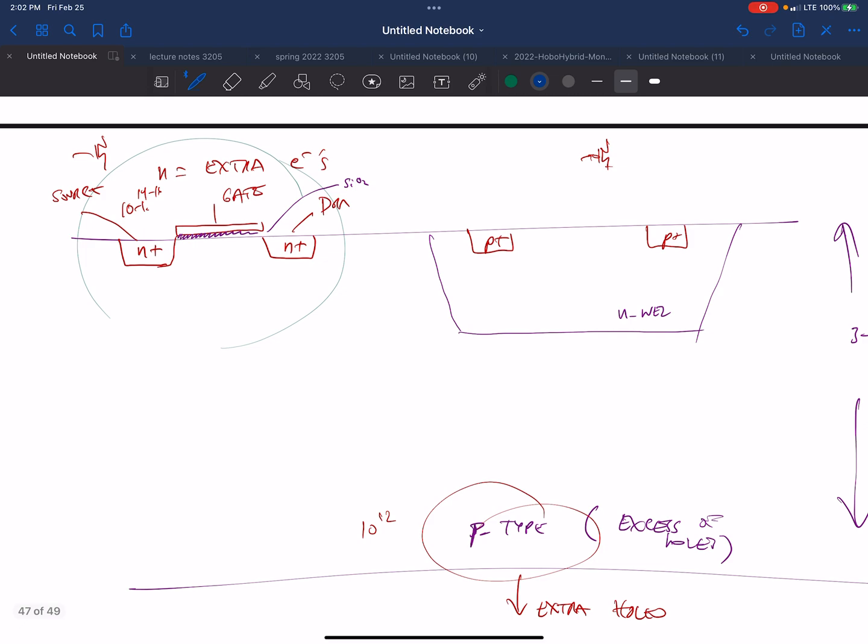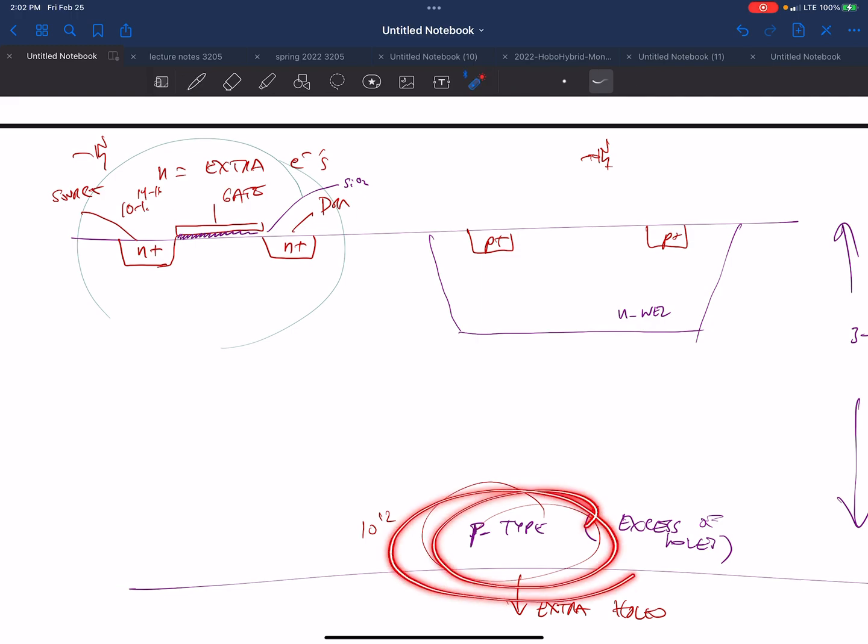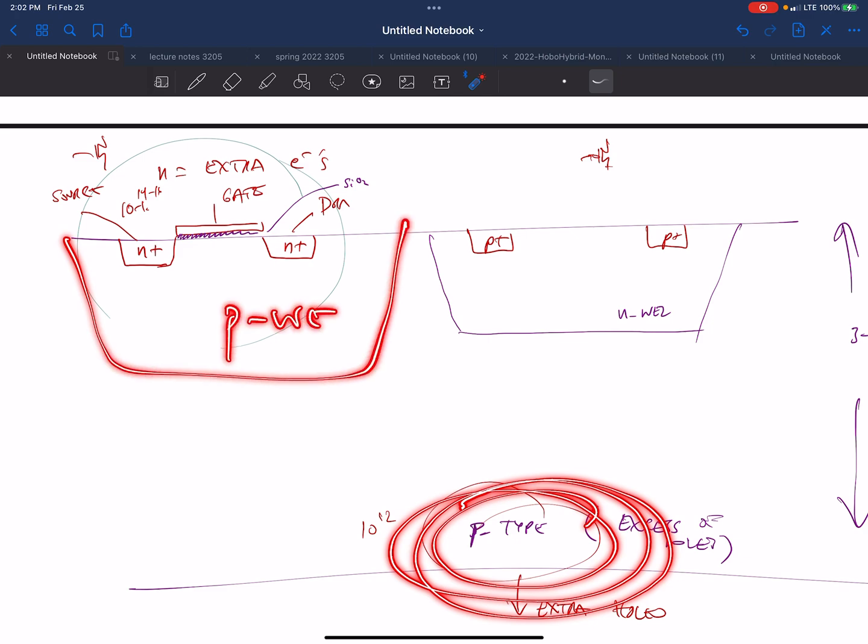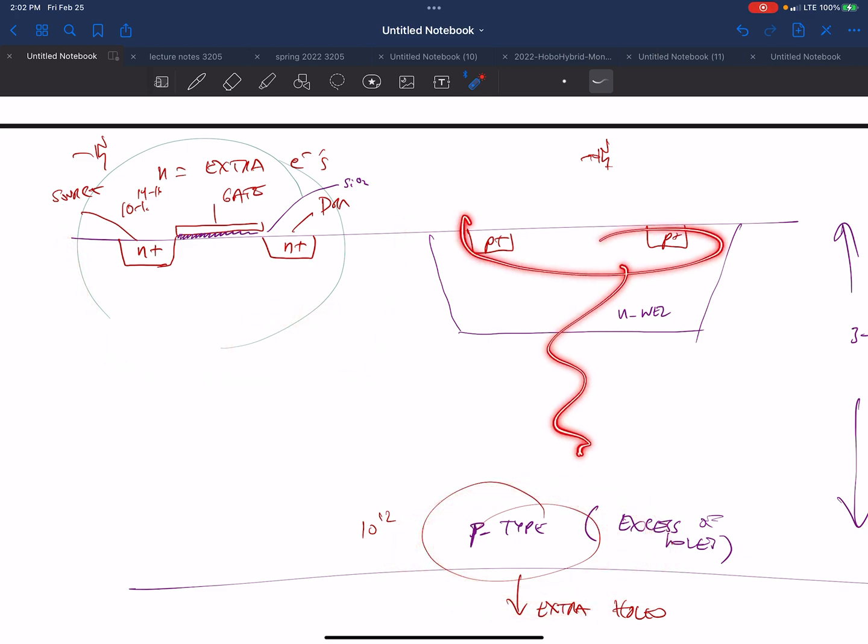So what John is saying is, I could have started with an N-type substrate and put a P well here, and these guys would be sitting on the substrate. I wouldn't need an N well. You with me? This is pretty much universal.